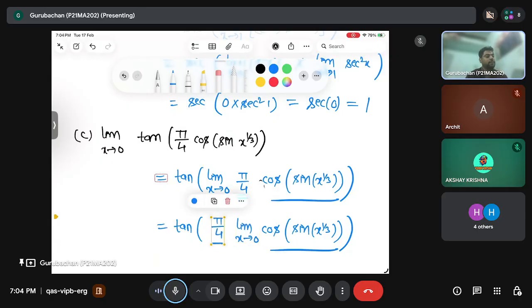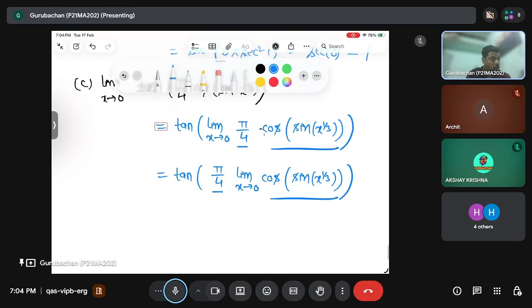You can write like this. Yes, sir. Now this is a composition of two functions. So the cos function is continuous at x tends to 0, at x equal to 0.